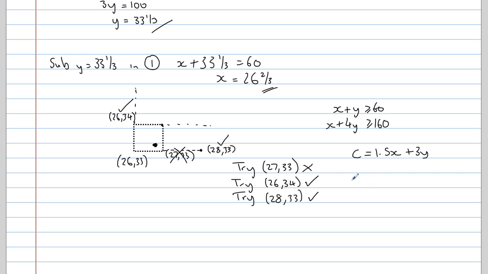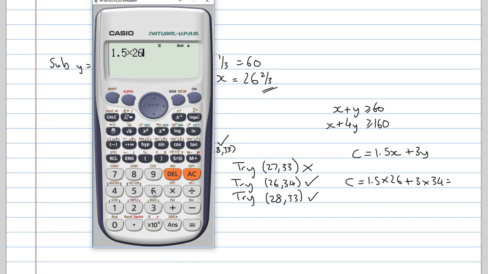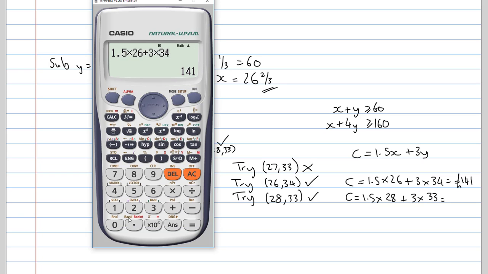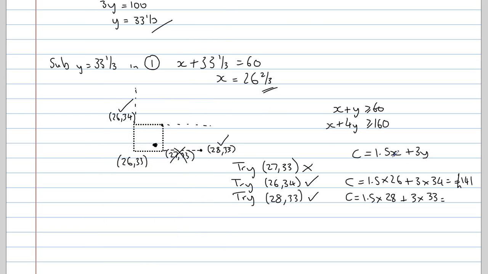Let's try it for these. This would give us 1.5 times 26 plus 3 lots of 34. That gives us a cost of £141. For the other point, we would have c equals 1.5 times 28 plus 3 lots of 33, which again gives us a cost of £141.